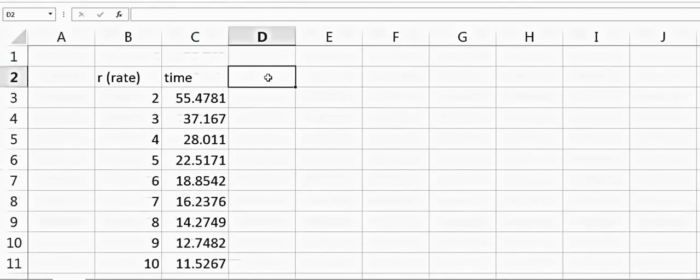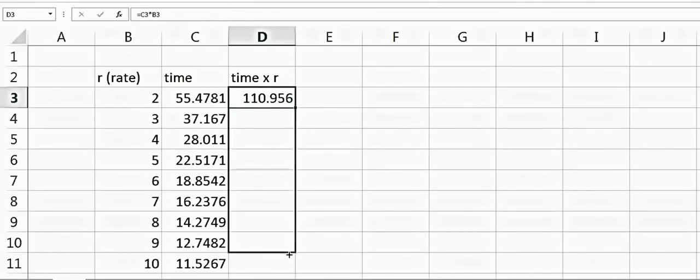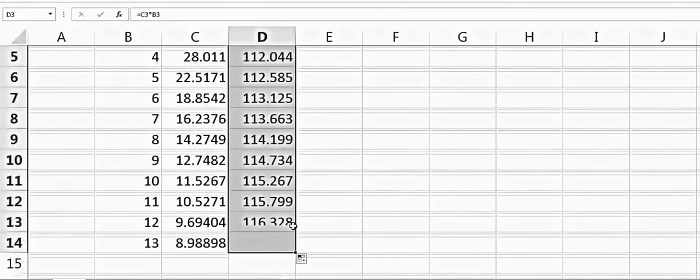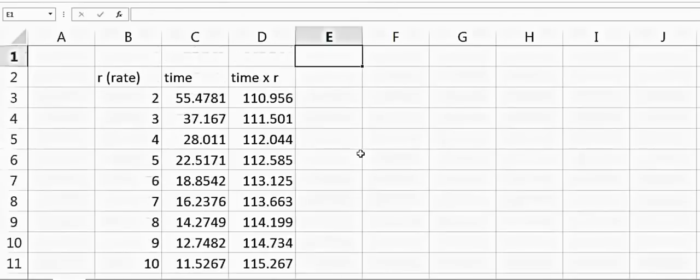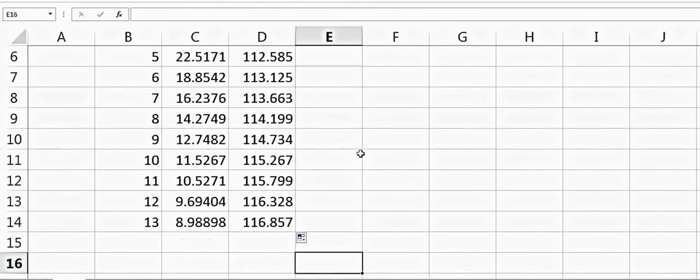Now if you multiply time with the rate, that will be equal to time into rate. So this is equal to 110, which is very close to 115. We can keep extending this, and you can see that all our numbers are very close to 115.